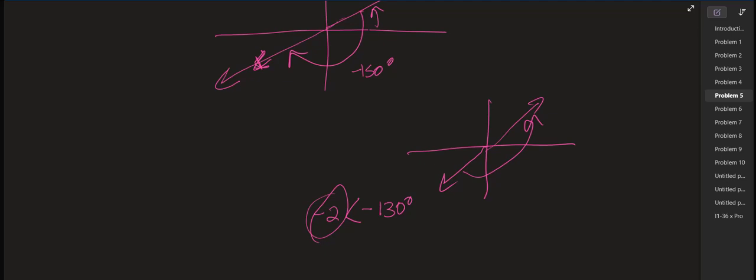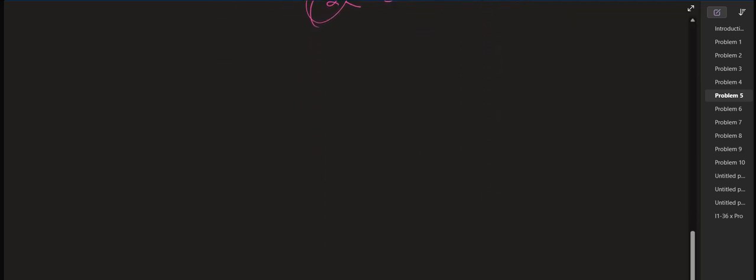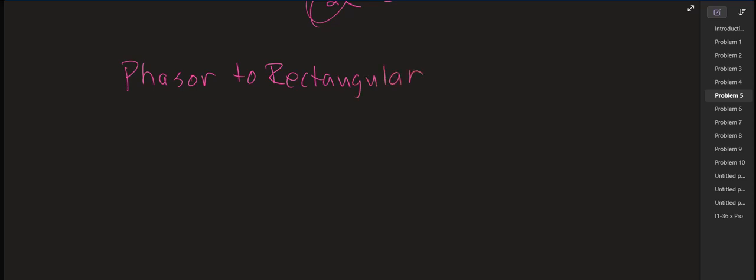Yes? Could you do just a more quick explanation of how to go from phasor to rectangular? Sure. Okay. So phasor to rectangular. One thing you can't get with just a phasor is the complete time domain. You have to also be given the frequency, because the frequency is not there.